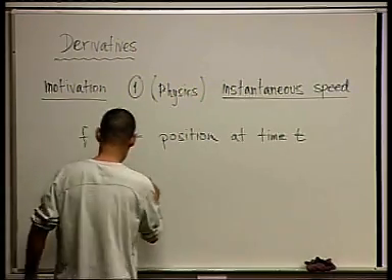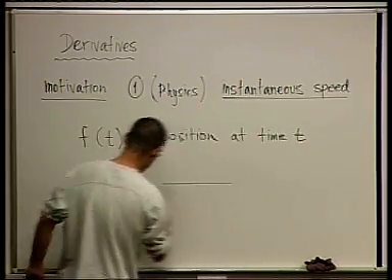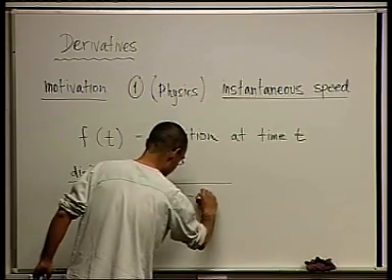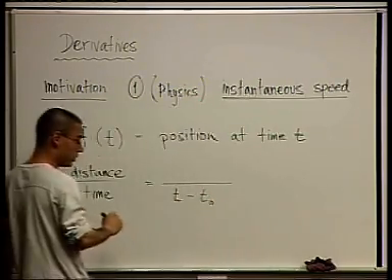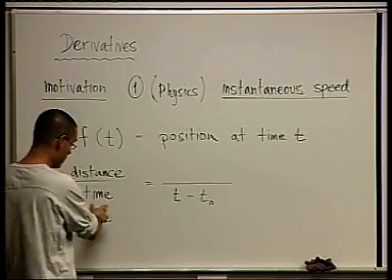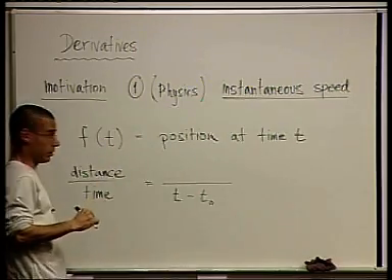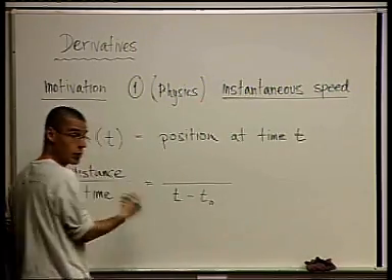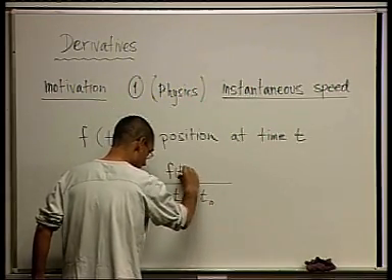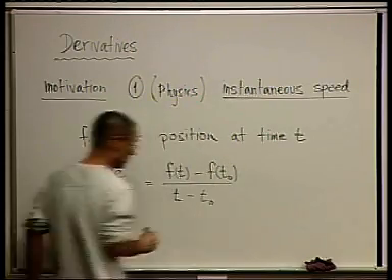Okay, so let's say we're looking at the time between time t and time t0. So t0 is the instant at which we want to calculate. So this is the time difference between time t and time t0. And the distance traveled over that time period is the position at t minus the position at t0.